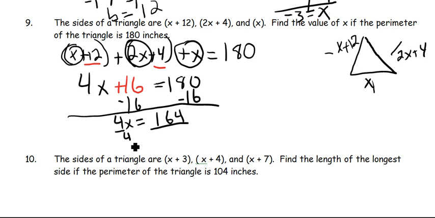Divide both by the coefficient of x. And then I'm just going to put over here, 164 divided by 4 is 41. All right, so we know that x equals 41. In this case, they didn't ask us to find out what the lengths of the sides were. We just know that x equals 41. Make sure you read, it says find the value of x.